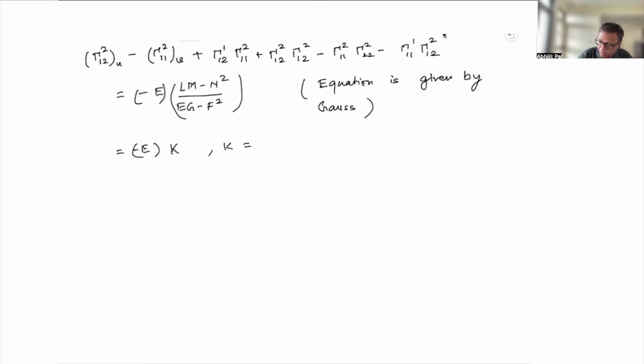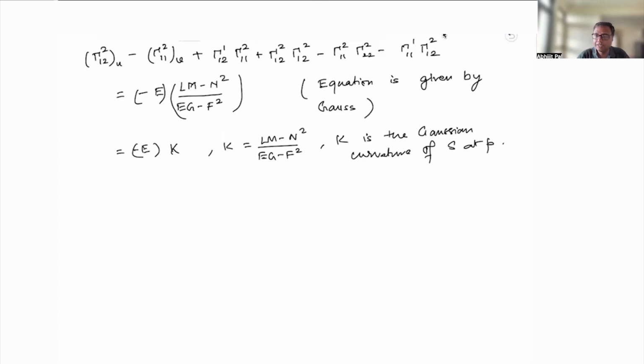K is equal to (Ln minus m square) divided by EG minus F square. So K is the Gaussian curvature of the surface S at P. So we have this, and therefore K is equal to the left hand side divided by minus E, if E is not equal to 0.